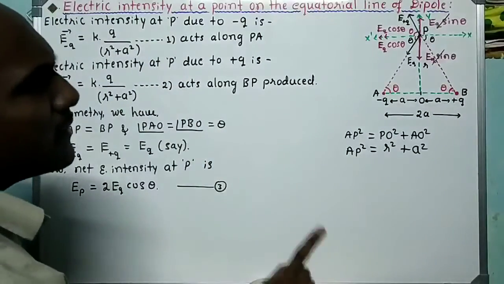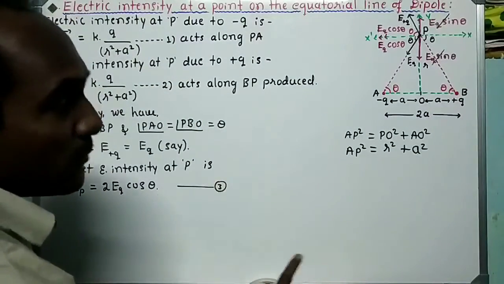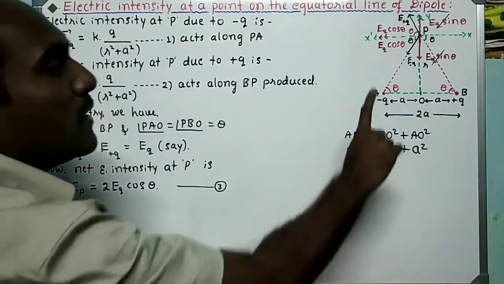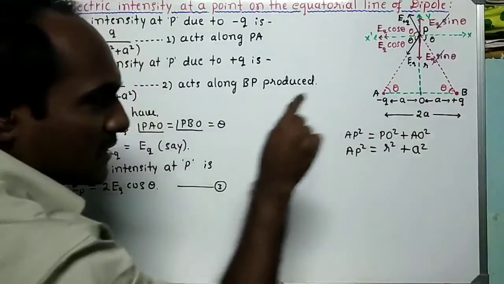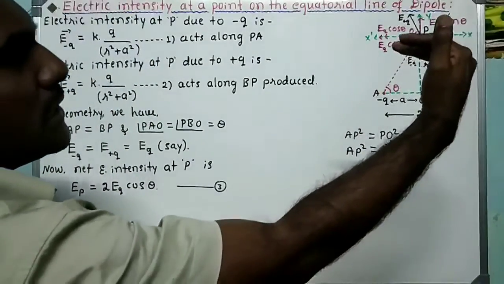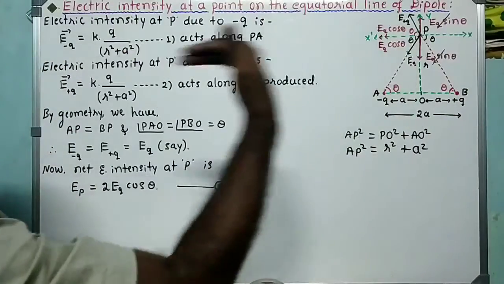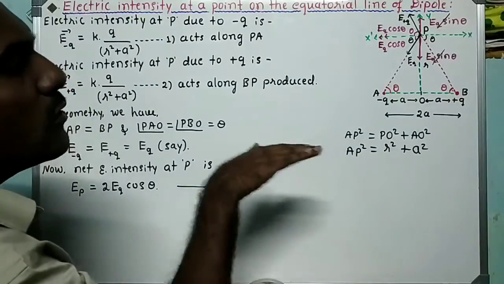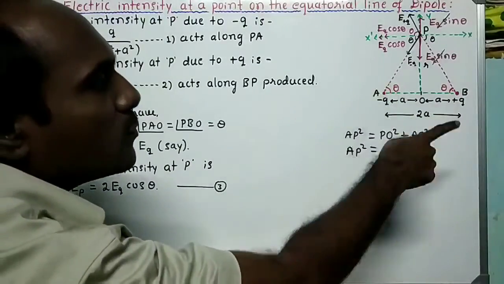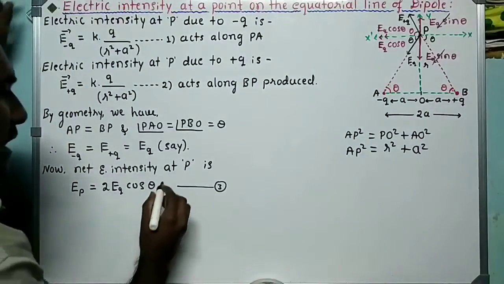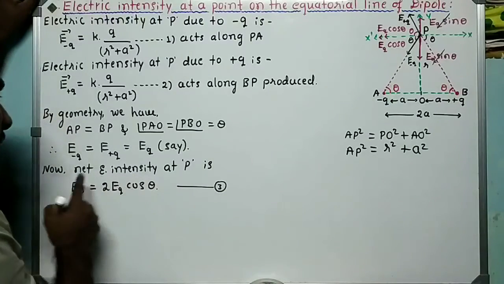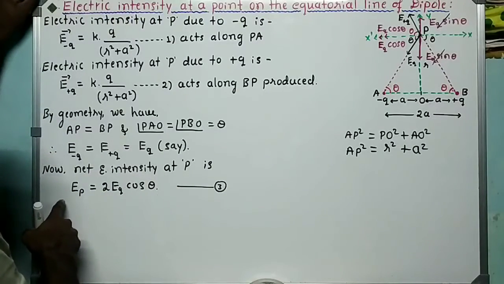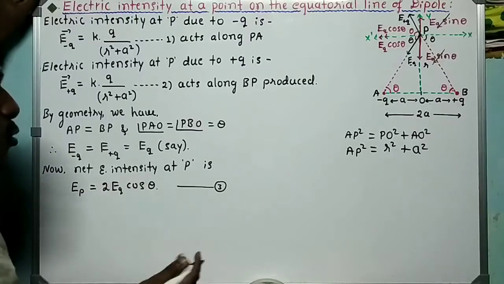But keep it in mind, what is the direction of dipole moment? It is always from negative to positive charge. This means EP is acting along PX dash, but the direction of dipole moment is along AB, that is negative to positive. By this it is clear that the dipole moment and EP, electric intensity at point P due to the dipole, are acting in opposite directions.